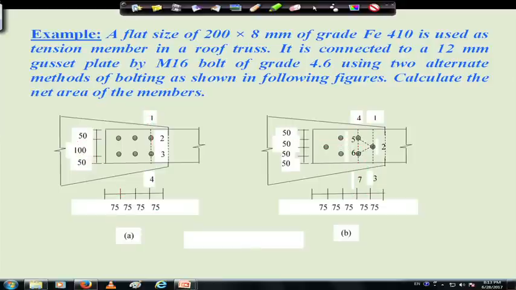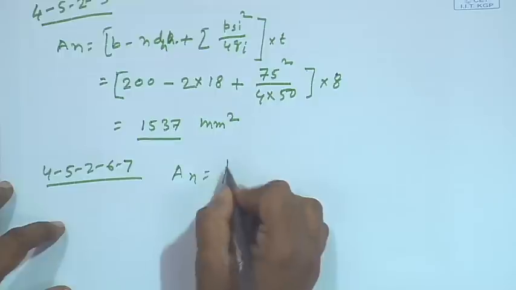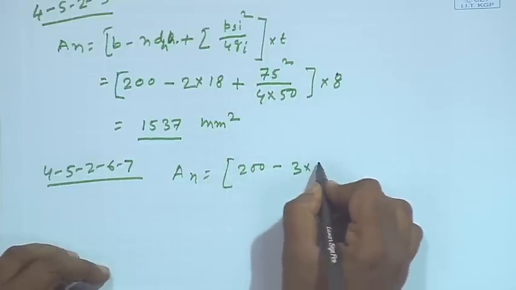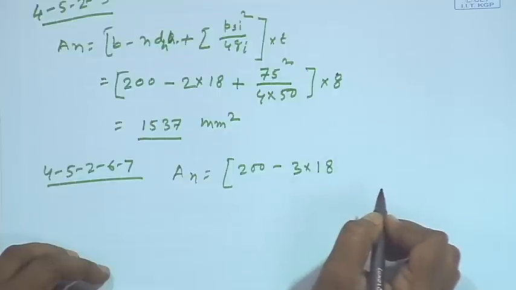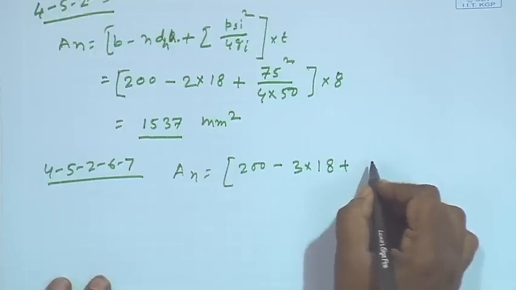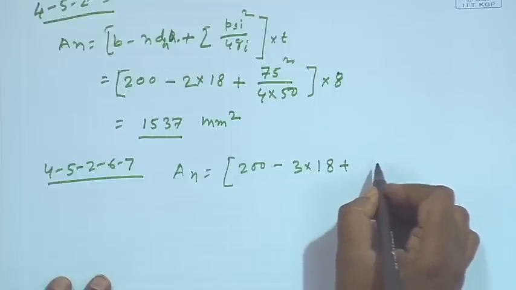45267 means 3 bolts are there. So, here I can find out net area will be B is 200 minus n, which will be 3, into DH is 18, plus here 2 numbers of inclined length is there.